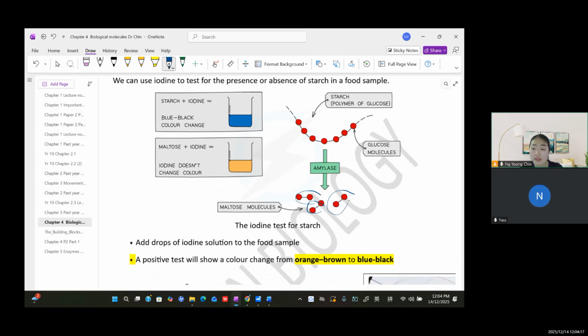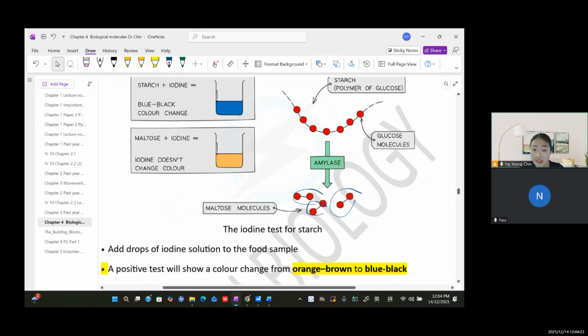So my question is: can the iodine solution change in color if there is a maltose molecule present?